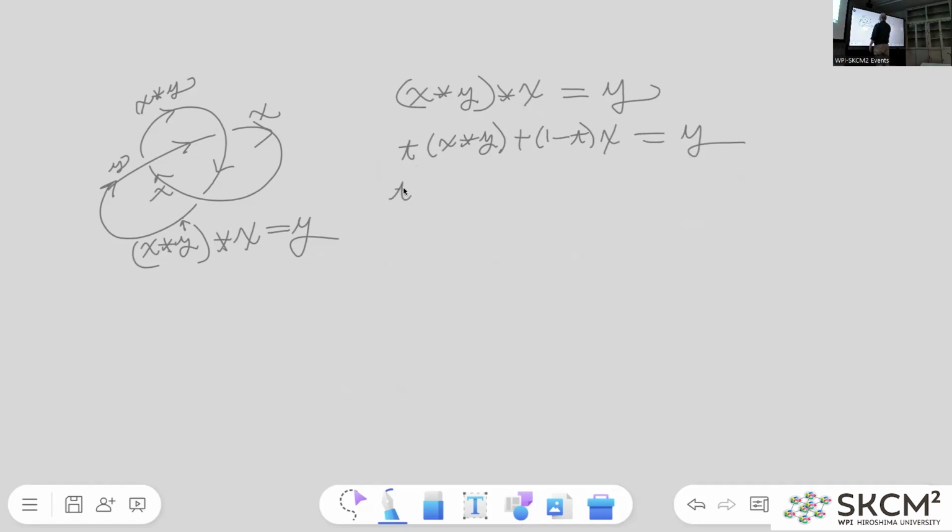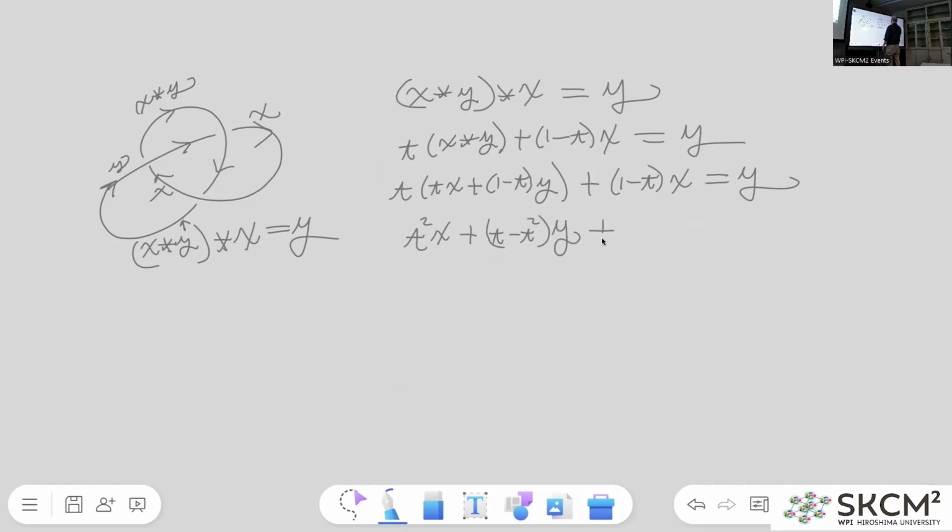And that says that t times tx plus 1 minus t times y plus 1 minus t times x is equal to y, which says that t squared x plus t minus t squared times y plus 1 minus t times x minus y equals 0.